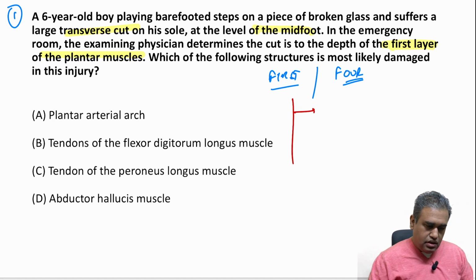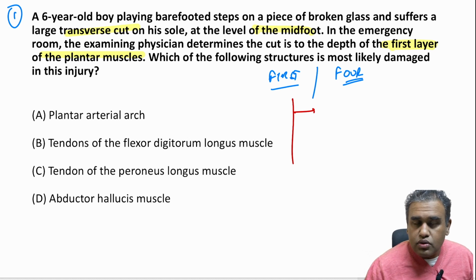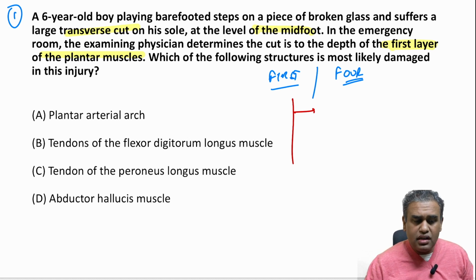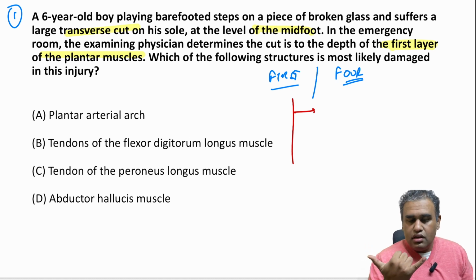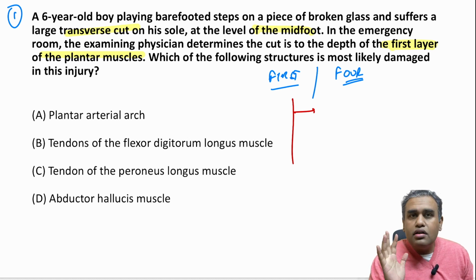Like what? The easiest way to remember it, and I have told previously also, is I'm making a hand symbol like this over here. What is this? I have abducted my little finger, I have abducted my thumb, and the other fingers are flexed. So imagine it is a foot, and these are the toes. This is the great toe, or the subsequent toes.